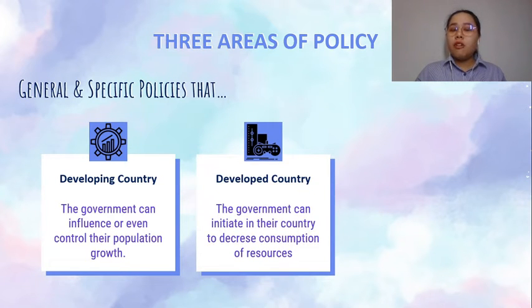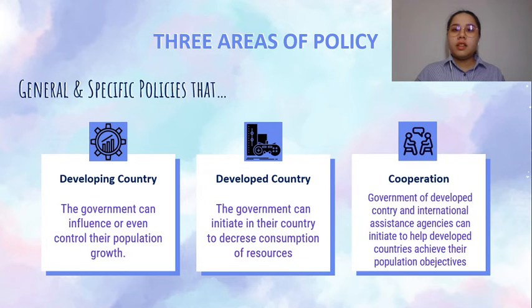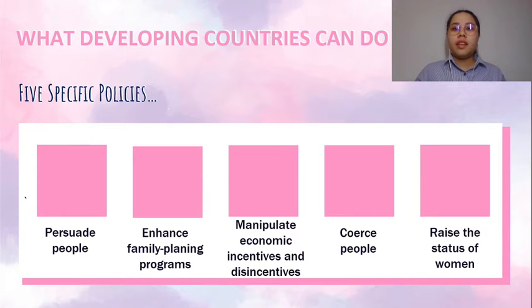Second is what governments of developed countries can initiate in their own countries to decrease the consumption of limited world resources and promote the benefit of equal distribution of global economic progress. Third is what governments of developed countries and international assistance agencies can initiate to help developing countries achieve their population objectives. Next, what can developing countries do?